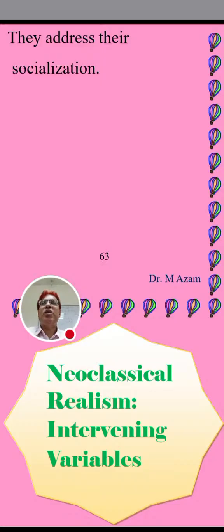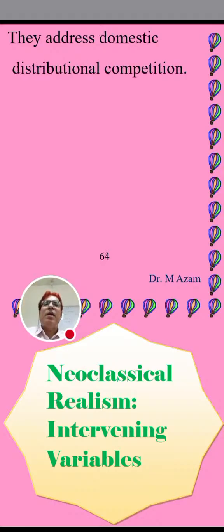They also explain the socialization of the leaders. They address domestic distributional competition, at the national level, within the state. There's a competition among the citizens and various stakeholders over how state resources and national wealth should be distributed.